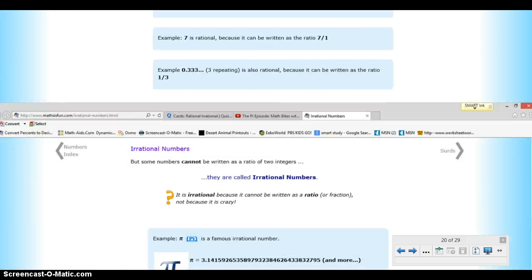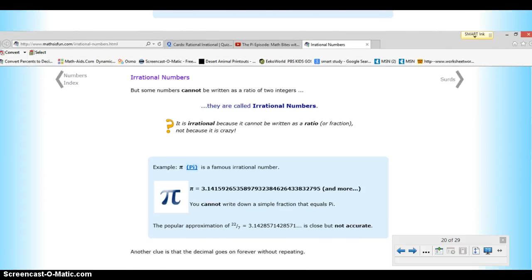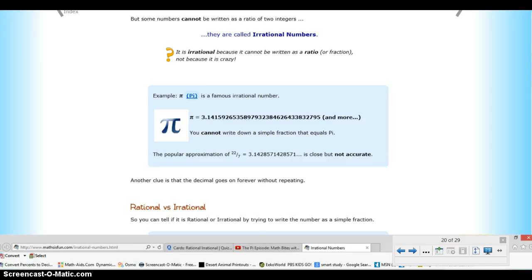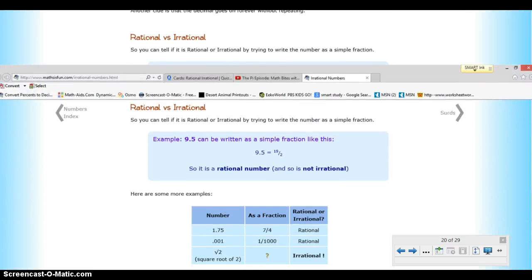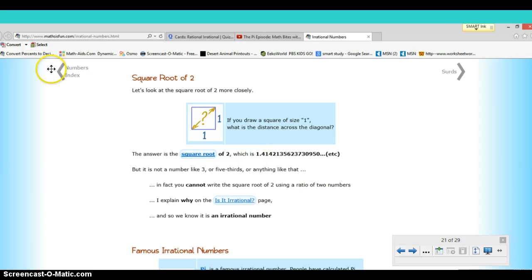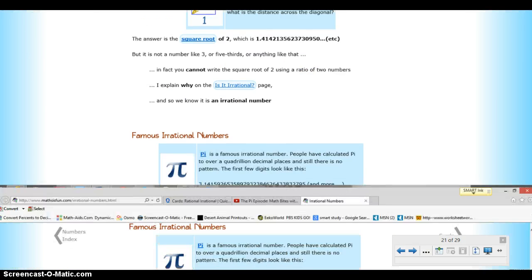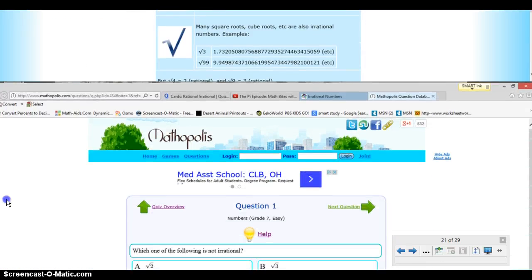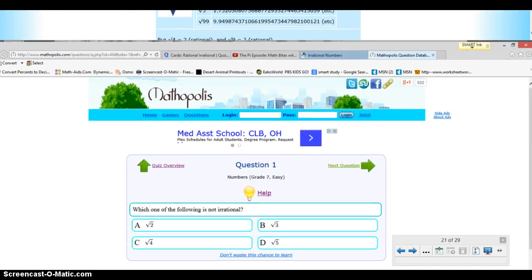Once students complete the tutorial, you see it goes on into examples. One of the most famous irrational numbers is pi. It then compares rational versus irrational. And as students continue through this self-tutorial on rational and irrational numbers, they have their composition notebooks, and they're taking notes.